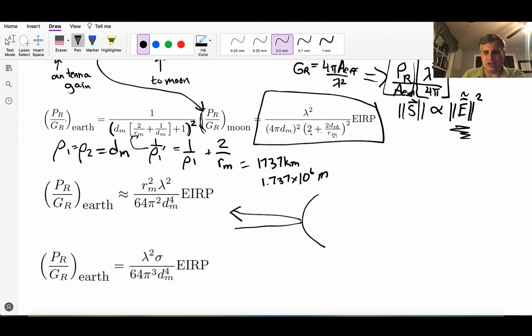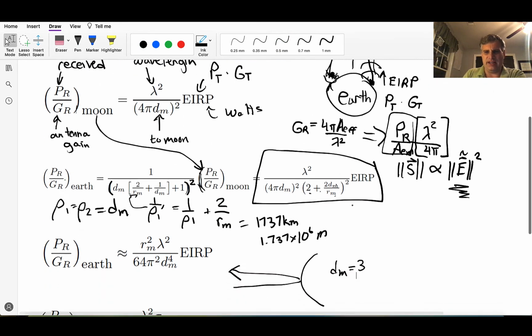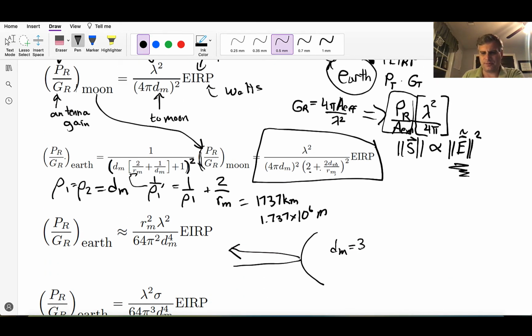d_m should be much larger than r_m. In fact, it is in our problem. We said d_m was like 380,000 kilometers, which is much greater than r_m, which is only 1,700 kilometers. So I can approximate this whole term here as really just 4d_m squared over r_m squared.